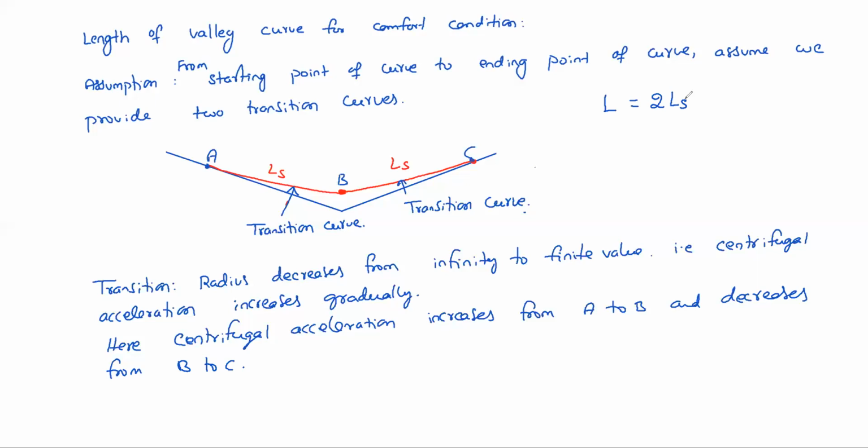So 2 times LS is one assumption here, where LS is the length of the transition curve. Already we have seen how to calculate the length of the transition curve. It depends on the allowable rate of change of centrifugal acceleration. So here, you know what centrifugal acceleration is?